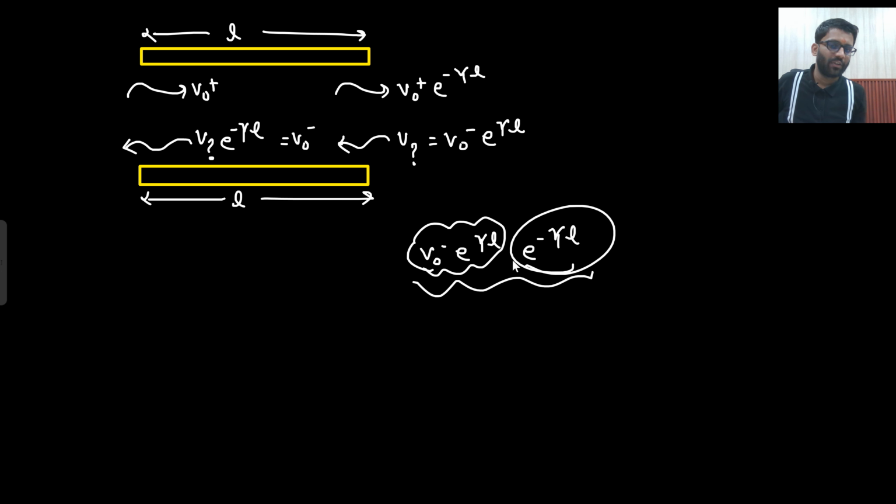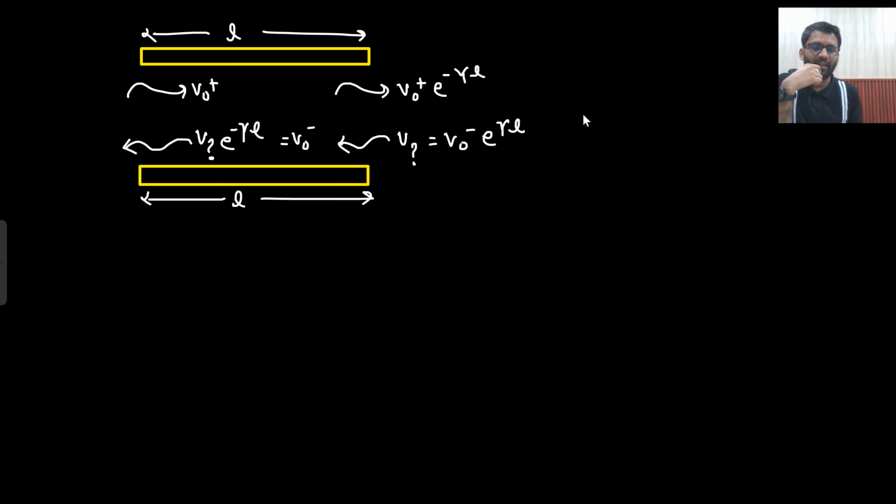So if it is losing e to the power minus gamma L, then what will be reaching here? V0 minus. Are you getting this point? What we are doing: V0 plus was generated here. V0 plus e to the power minus gamma L reached here. Now in the reflection, V0 minus e to the power gamma L was generated, and that traveled down and it became V0 minus. So at the load, I could have written my reflection coefficient as this divided by this, V0 minus divided by V0 plus.